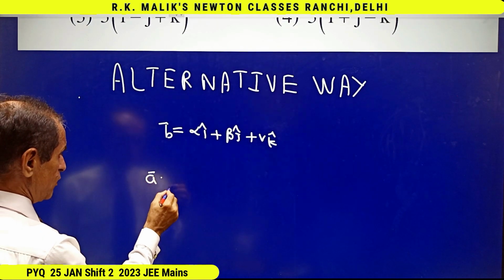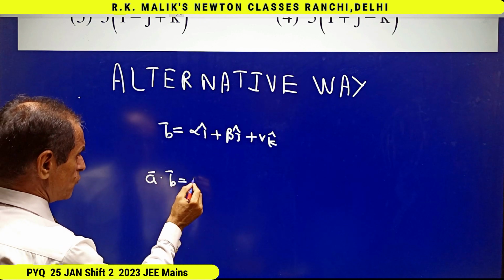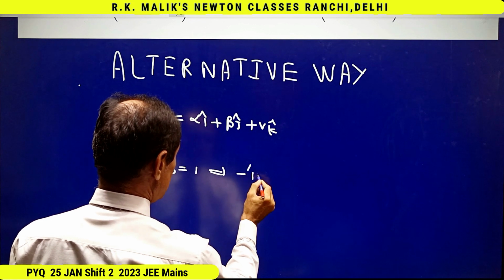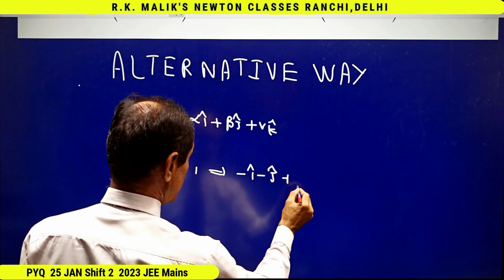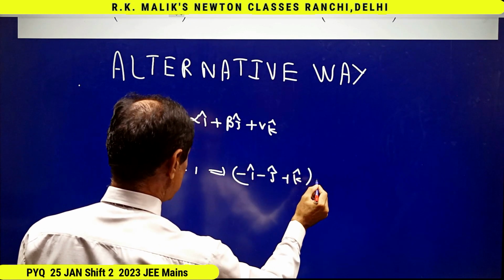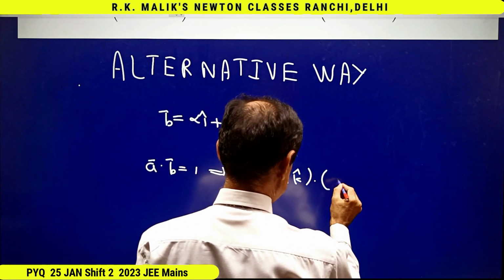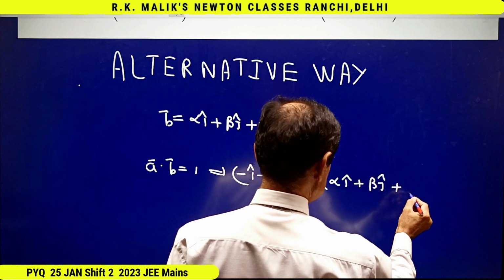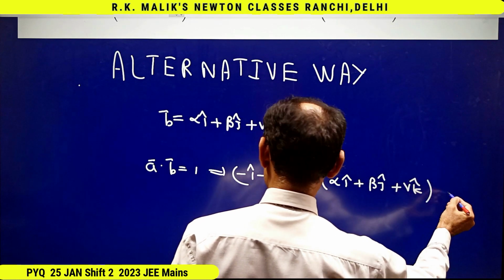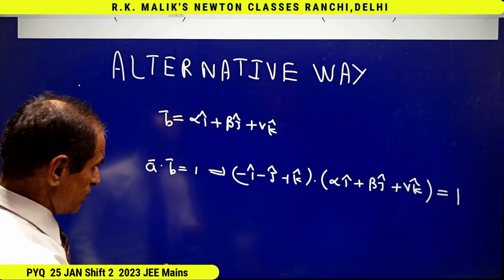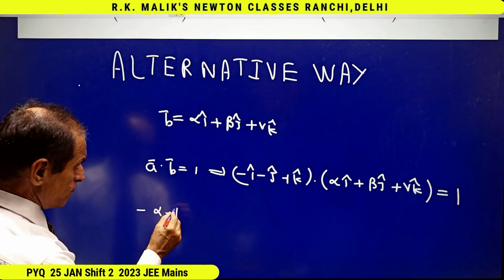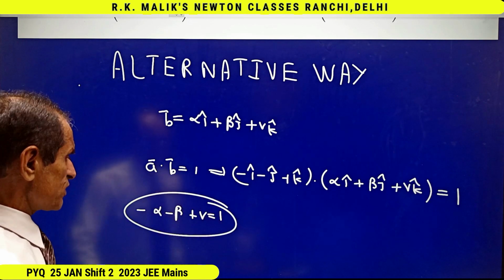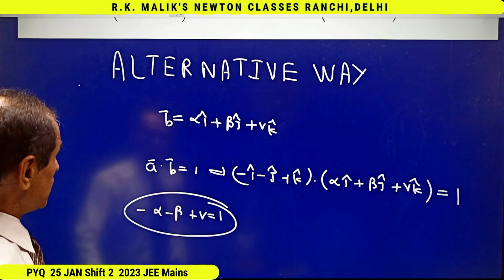Therefore, A dot B equal to 1 implies that minus I minus j plus k dot alpha I plus beta j plus gamma k equal to 1. That is, I get minus alpha minus beta plus gamma equal to 1. This is the first relation between alpha, beta and gamma.